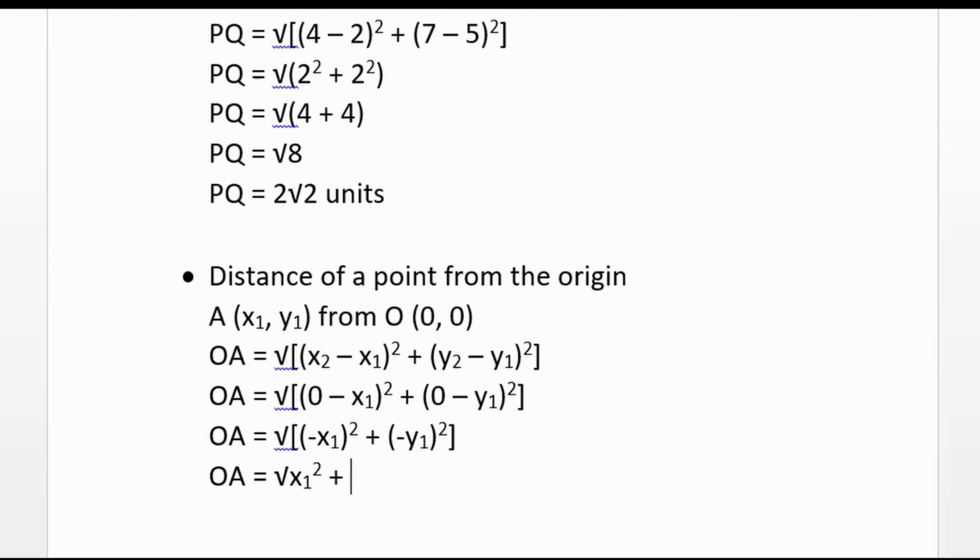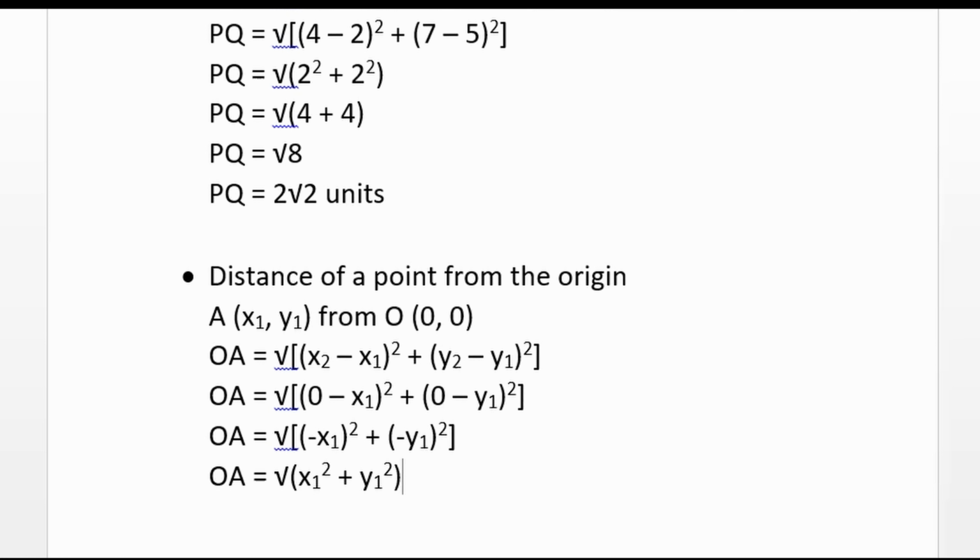Similarly, the square of minus y1 is y1 square. So we get the formula: the distance between the given point and the origin is square root of x1 square plus y1 square.